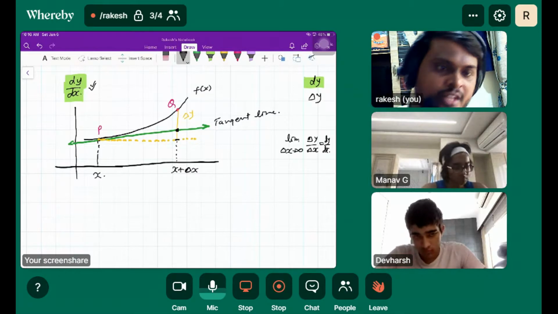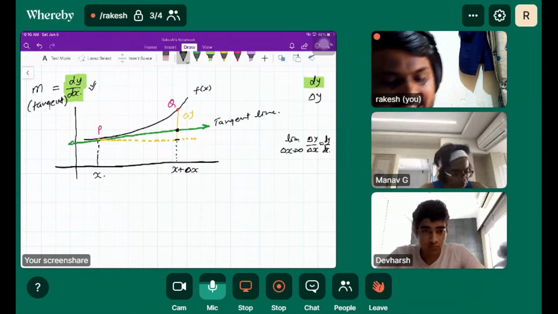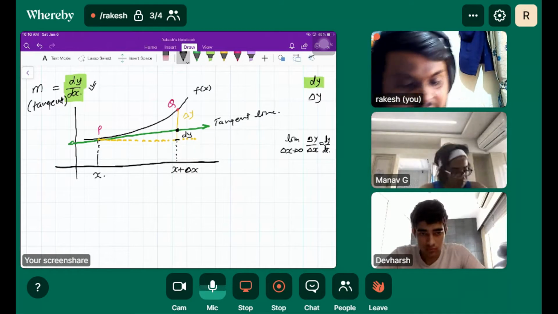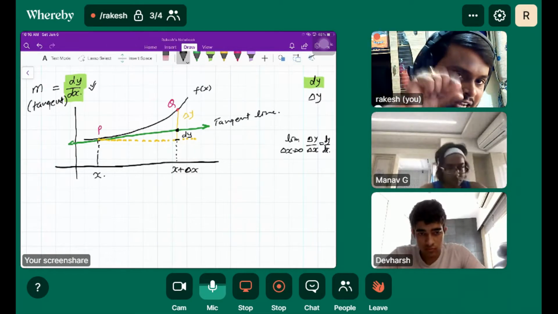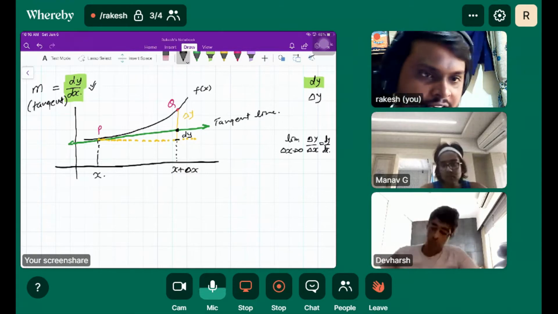We know the slope of the tangent line. So you can simply say, what is the rise of the tangent line? That is dy basically. The rise of the tangent line from the initial point is dy. Are you getting that?